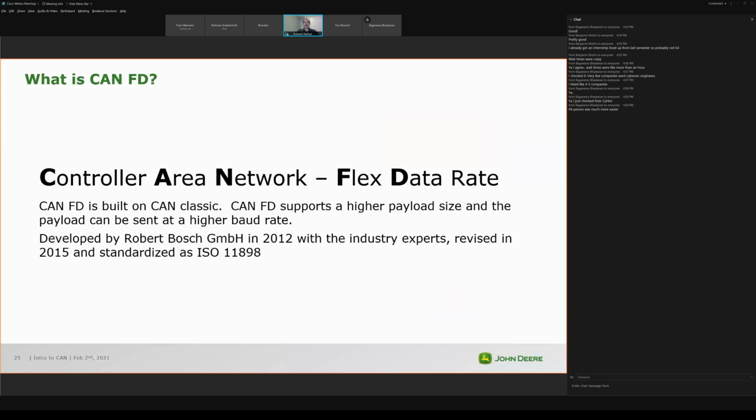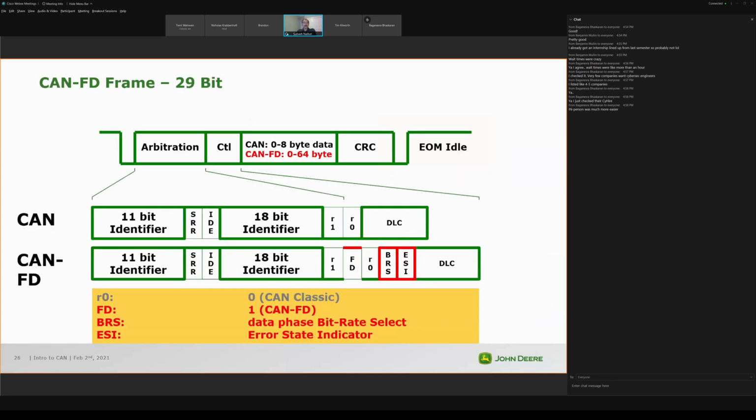You design a particular speed, and all controllers have to support that speed. You cannot have one controller at one speed and another controller at a different speed, so that's not allowed. This was first developed by Robert Bosch in 2012, and then standardized in 2015.